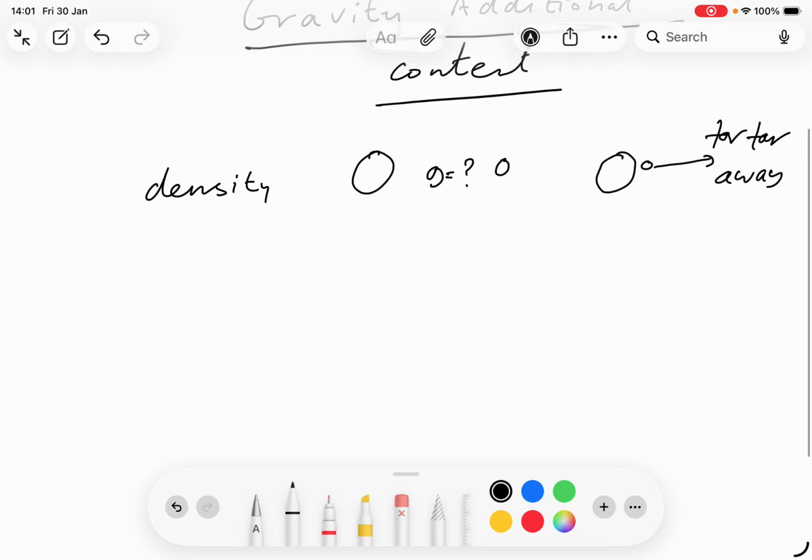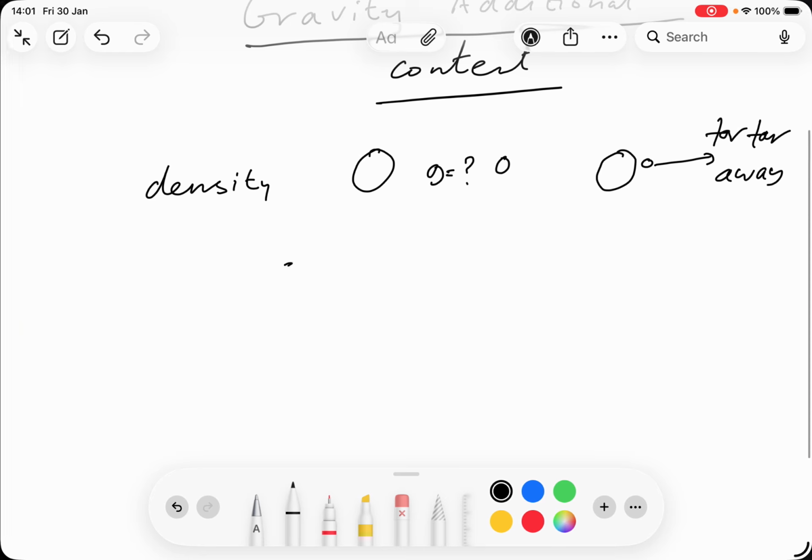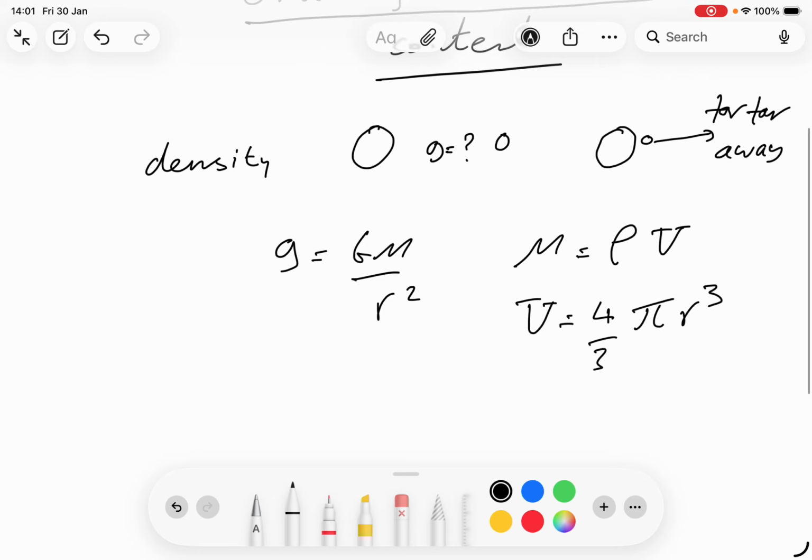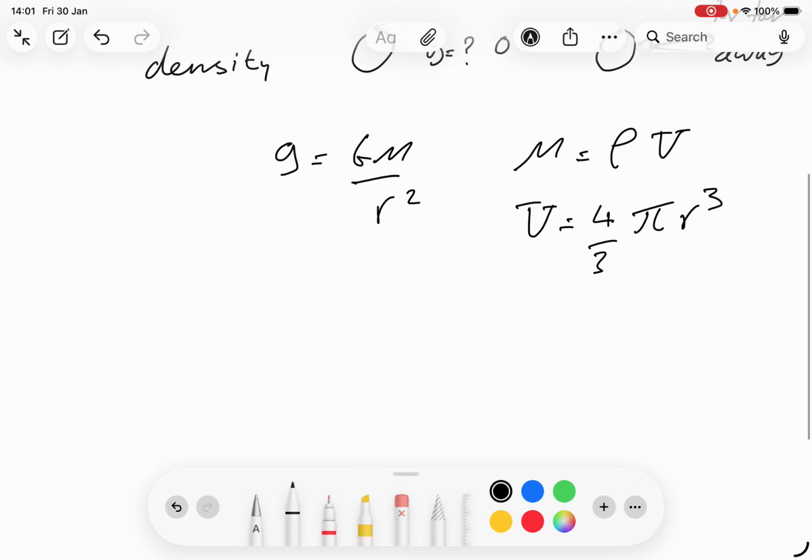So we know that g is equal to GM over r squared, but we also know that the mass of an object is its density times its volume. All the objects we're interested in relation to gravity are spheres, so we know the volume of a sphere is 4/3 pi r cubed. So the mass of our planet or other object is rho 4/3 pi r cubed.